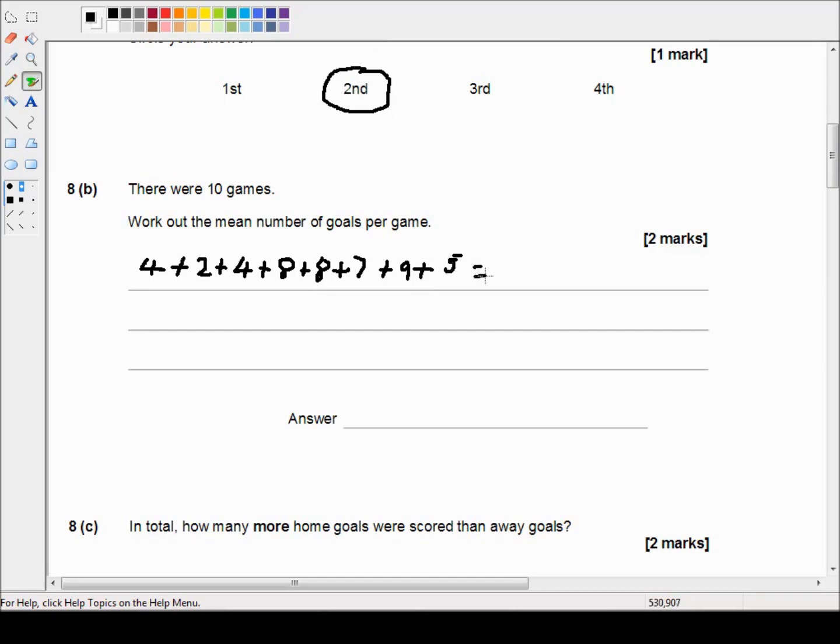Okay, and that's equal to, I'm going to need my calculator.